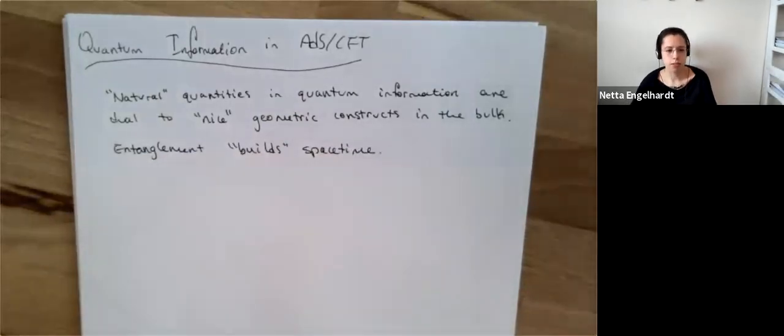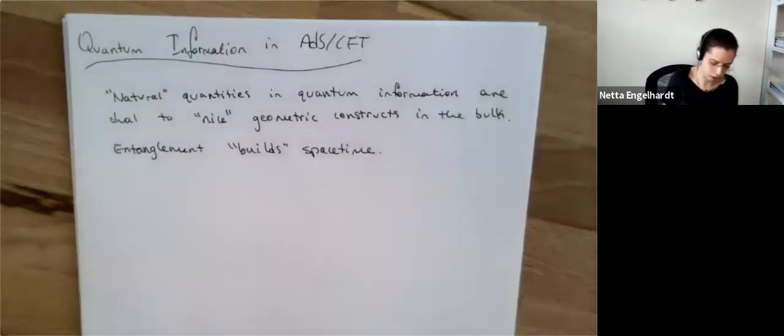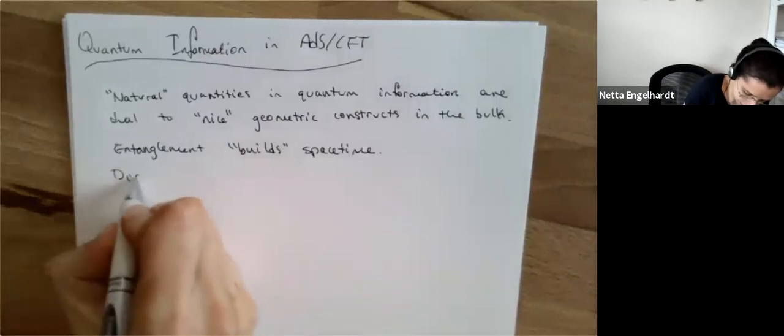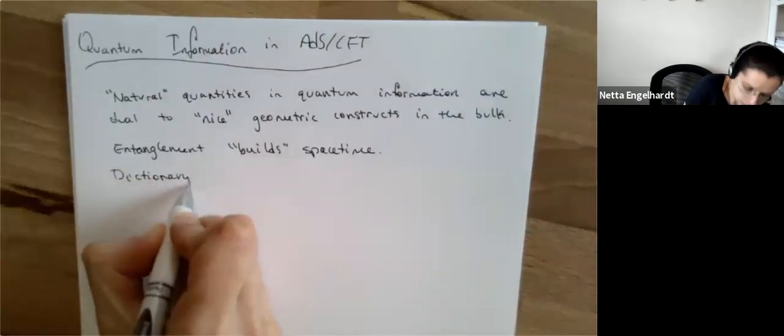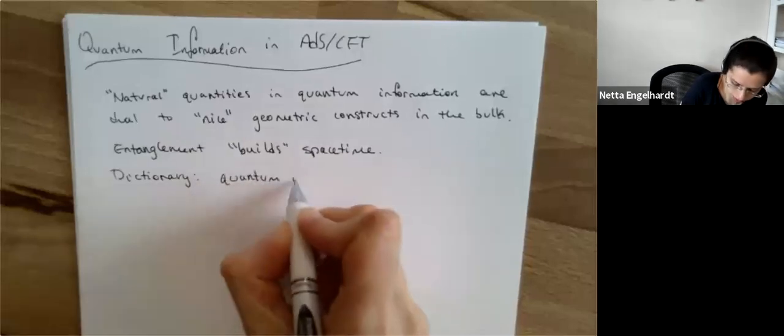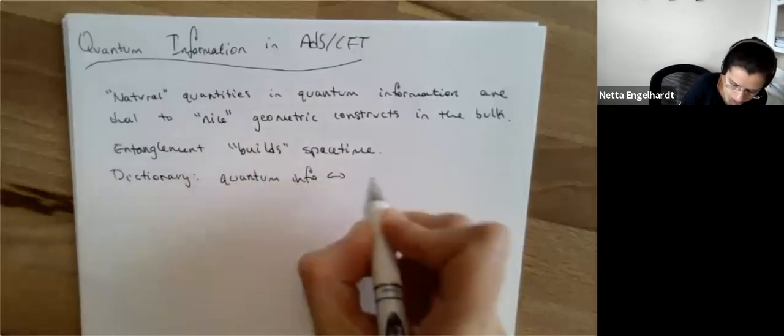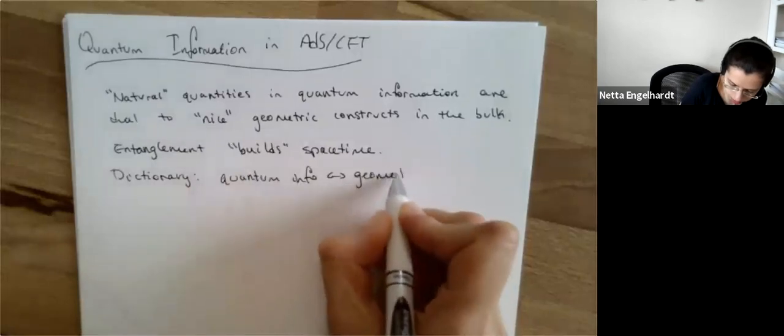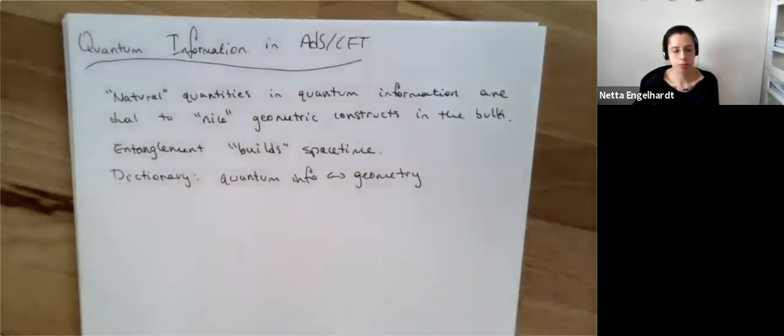So the goal of my lectures this week, and I'll be very happy if I manage to accomplish some part of this goal, is to give a description of some of the entries in the dictionary of quantum information on one side and geometry on the other.